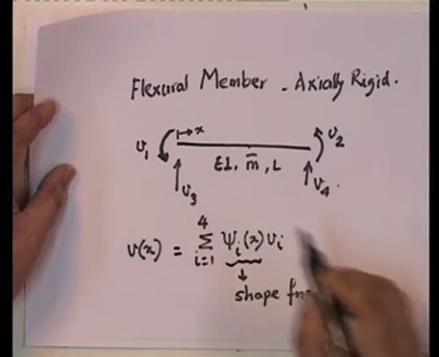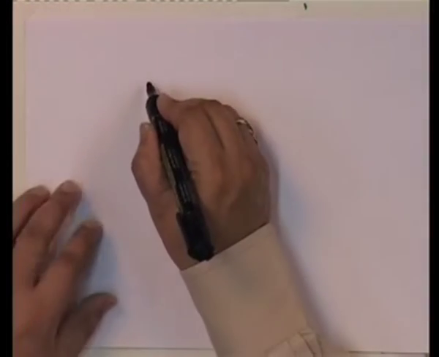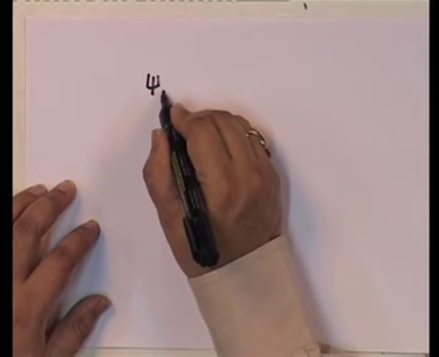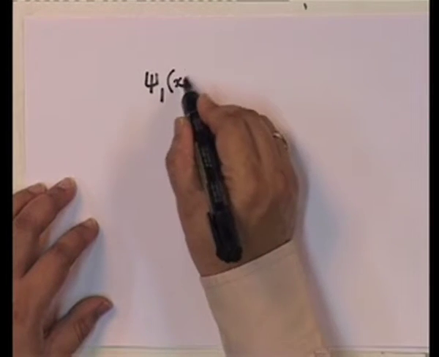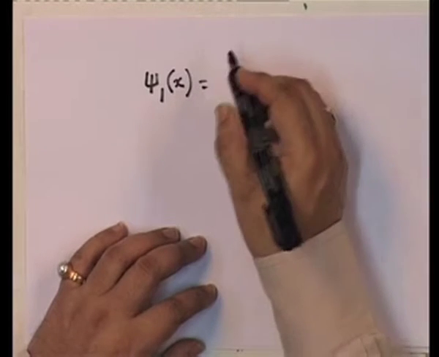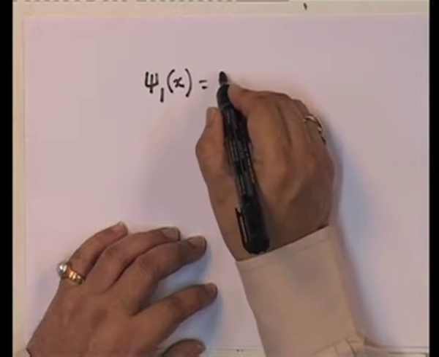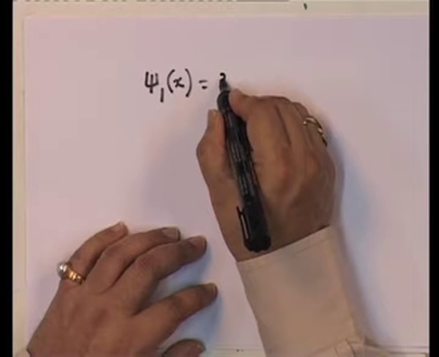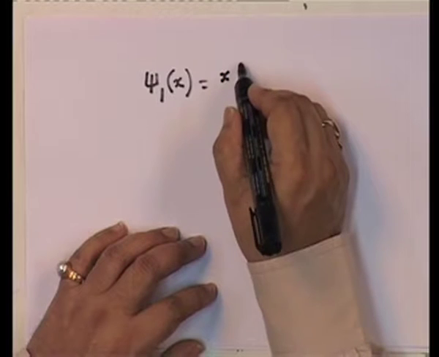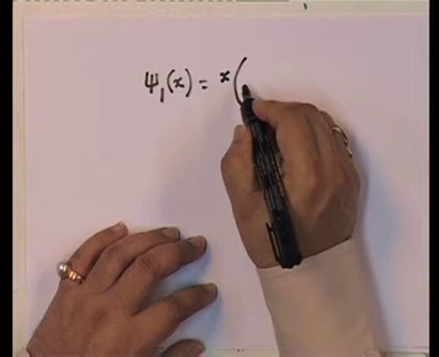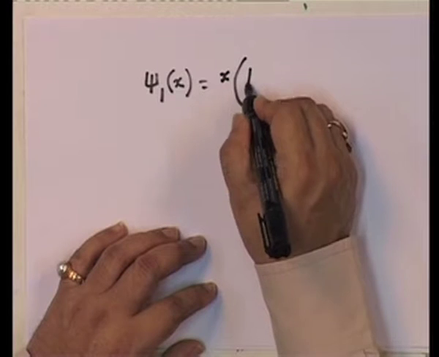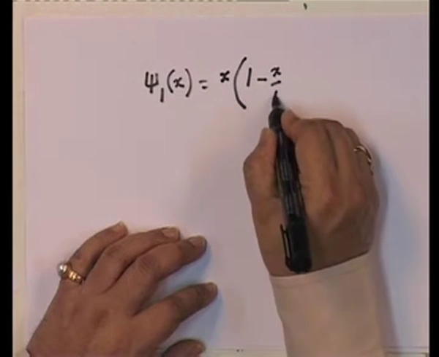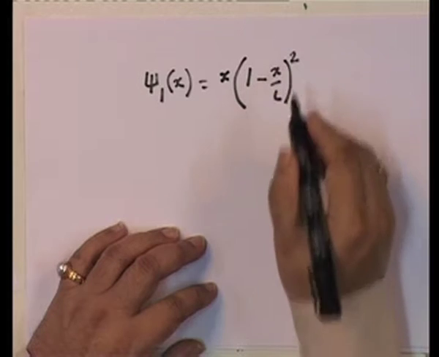If I am given my V 1, then my xi 1 of x is equal to x into 1 minus x by L squared.